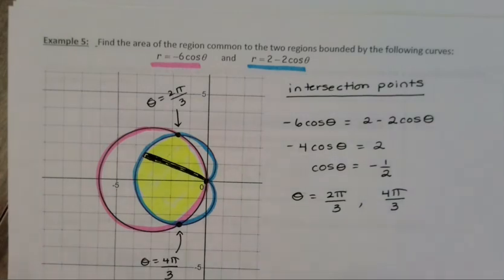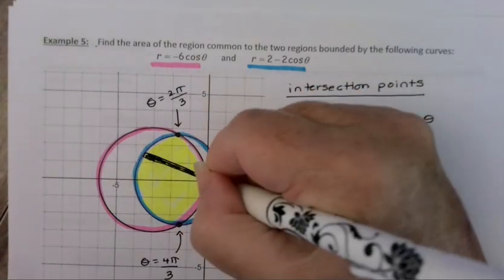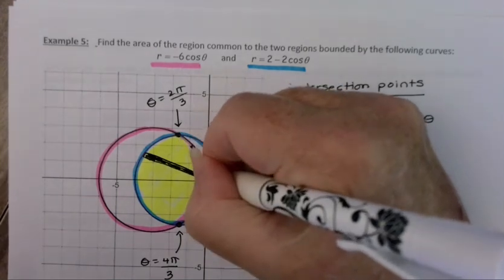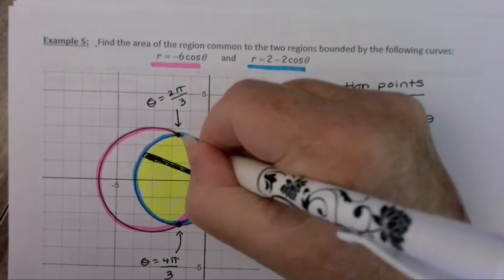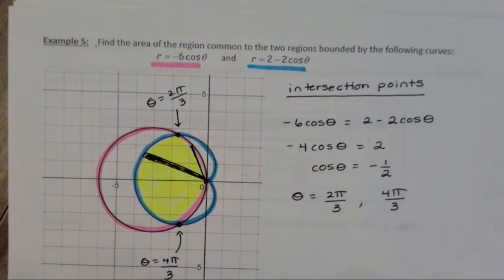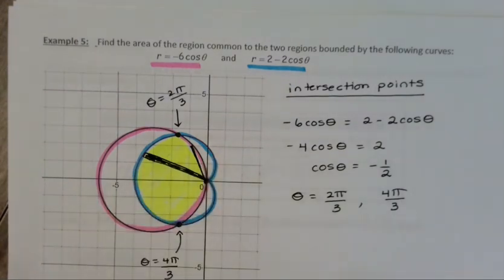But what happens over here? If I draw my sector a little quicker, right in here, my little sector would go from the pole to the circle. So rather than subtracting one from the other, we're going to have to do more than one integral.